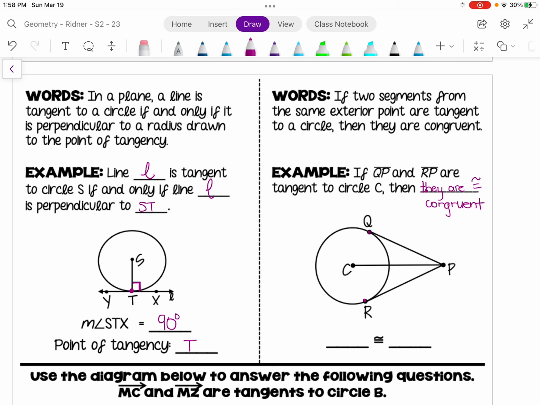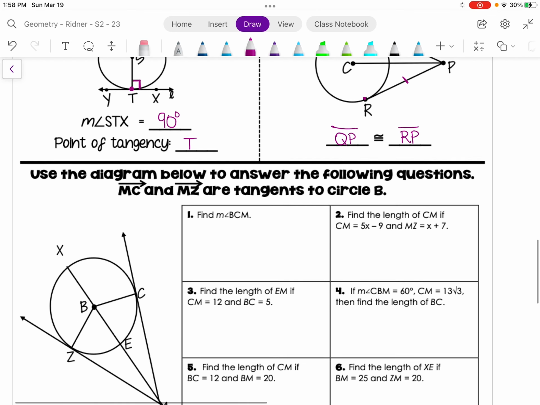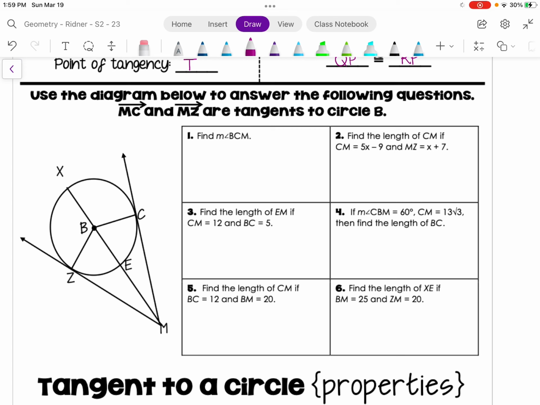So what that means is this line is equal to that line, or we say QP is congruent to RP. Okay, so let's use all of those things that we just talked about to answer some questions here.